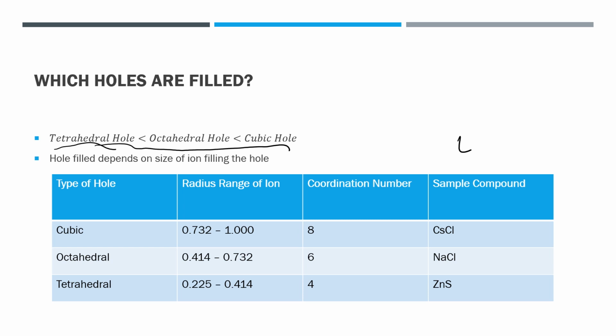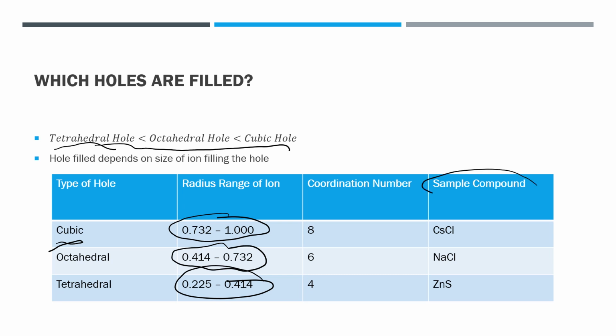For a cubic hole, any ion that's around 0.732 to 1 r is going to fill that hole. With octahedral holes, we have 0.414 to 0.732 r. And with tetrahedral, we have 0.225 to 0.414 r. So essentially these are the radius ranges of the ions, for example cations generally, that are going to fill those holes in the anion unit cell structure.